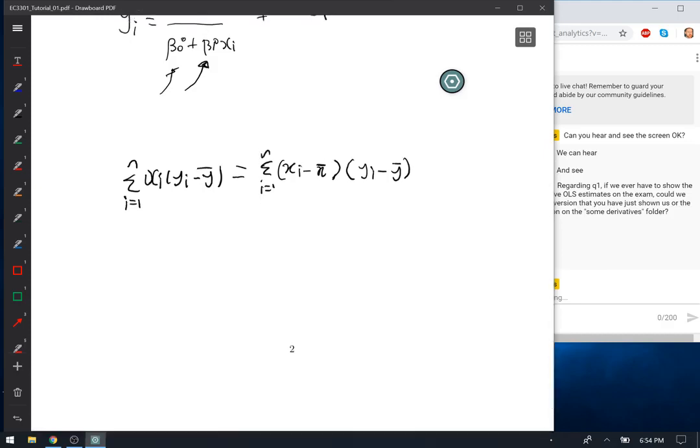So we're going to prove that the two are equal. To do that, all you've got to do is expand this out and show that both sides are equal.